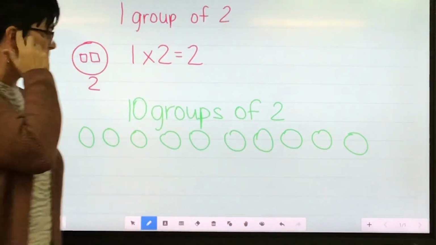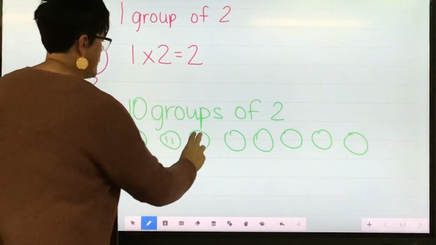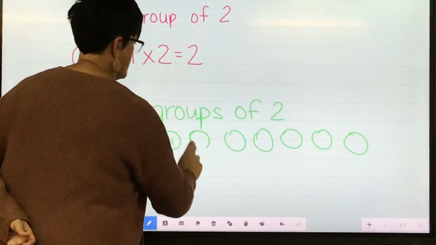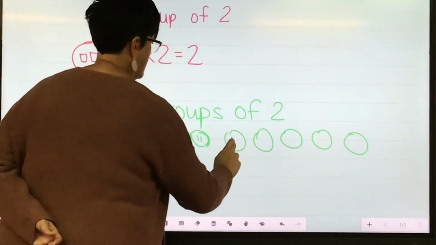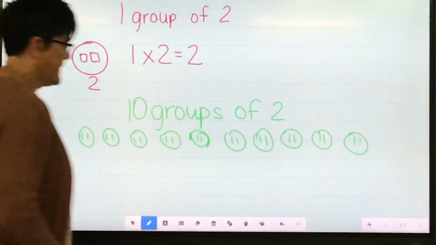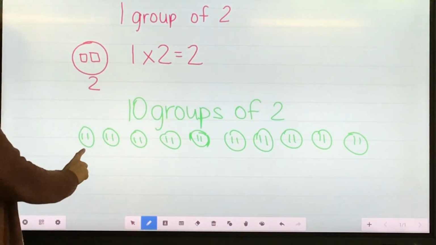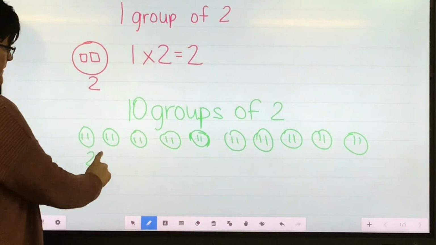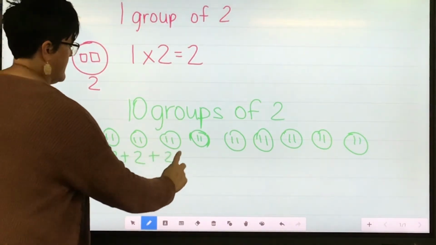Okay, did you come up with the repeated addition? So how many are in my first group? 2. How many are in my next one? 2. There's 2 in each one, right?